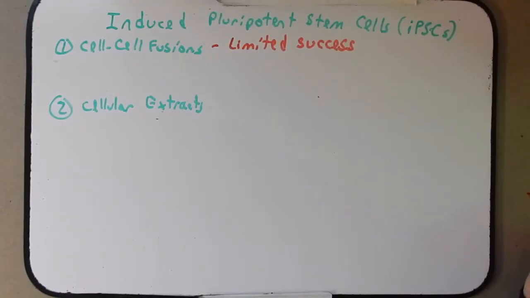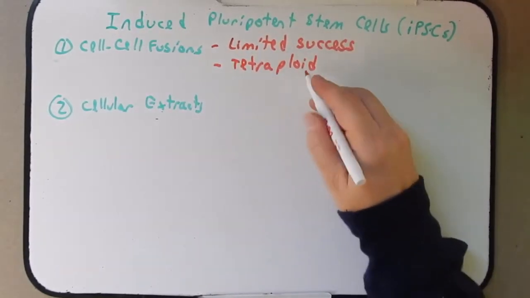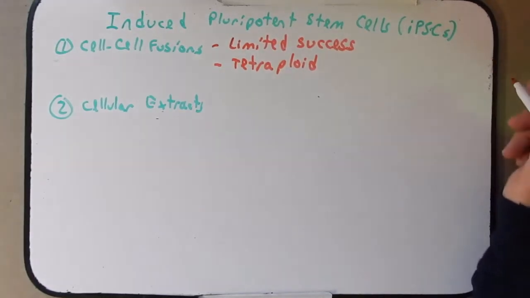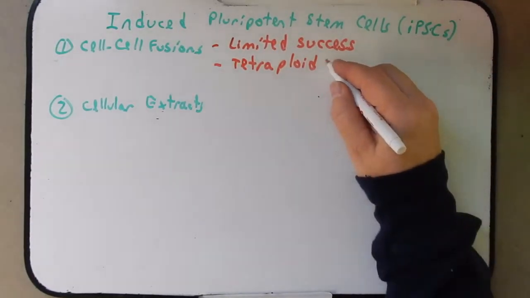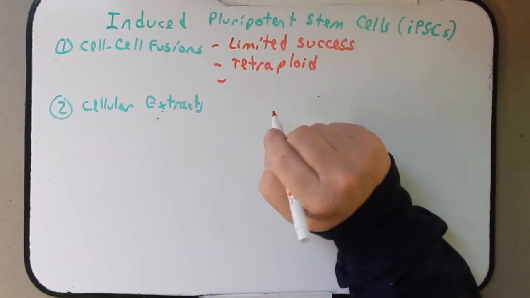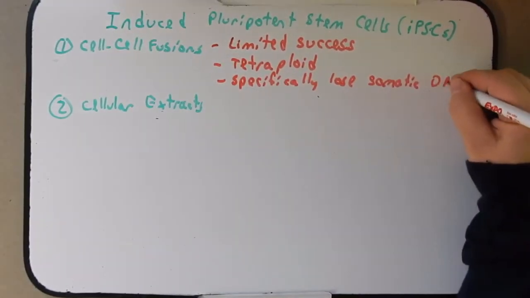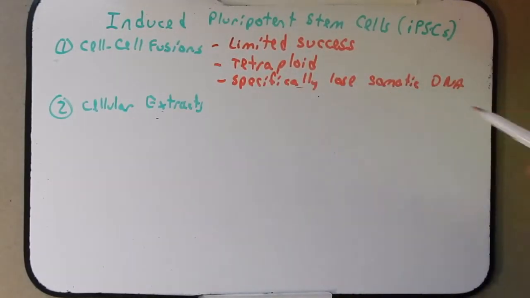We were able to get reprogramming of the donor cell, but that tetraploid state caused the problem. Even if you were able to maintain the tetraploid state, the cells that were produced from that would be hard to use because, again, they're a tetraploid. Another problem, if you remember, is those tetraploids specifically lose the somatic DNA. It's reprogrammed initially, but then it's lost because it's lacking some of those cis factors that are likely very important in establishing the pluripotent stem cells.